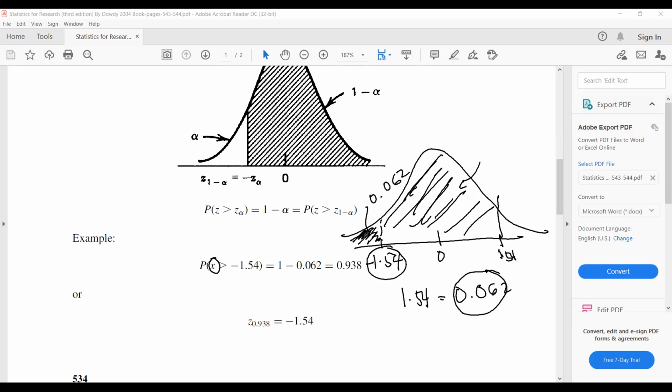Since ito, yung part na yon, ang tinutukoy natin is greater than 1.54, ito na yung tinutukoy natin. So, kung 1 ang total na area niya, minus 0.062, then ang sagot is 0.938, which is etong part na ang tinutukoy niya kasi greater than na. Okay? Kuha nyo ba yun?